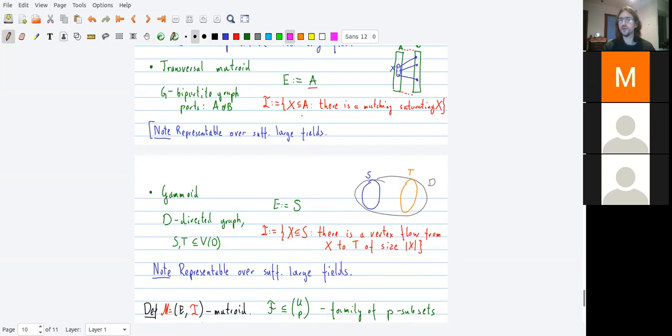You've got a directed graph and two sets of vertices S and T, and you look at all the subsets of S. So the universe is S, the sources, and a subset X of the sources is independent if you can find a flow from X to T. In a sense, this is a very similar example to the transversal matroid. It is a generalization of the transversal matroid. For the transversal matroid, A would be S, B would be T, and the paths would be just single edges.